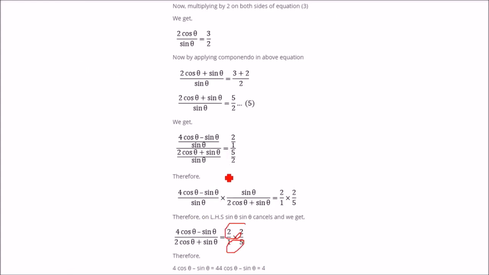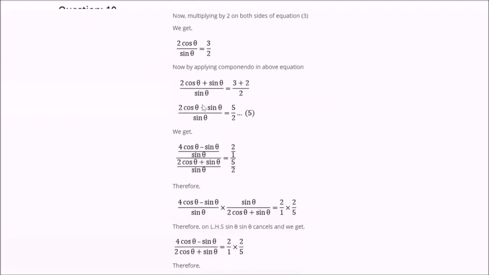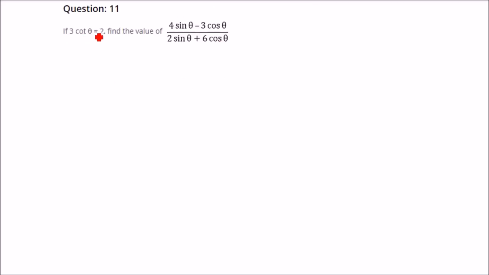There is another method also by using componendo and dividendo. This is in front of you. If you want to solve it in this way, you can solve it in this way also. So the solution is in front of you. But I would prefer that just divide it by cos theta, so you get the proper answer. Here also cot theta is given. So what we will do here is we will not divide by cos theta here. We will divide by sin theta. Why? You'll just see.